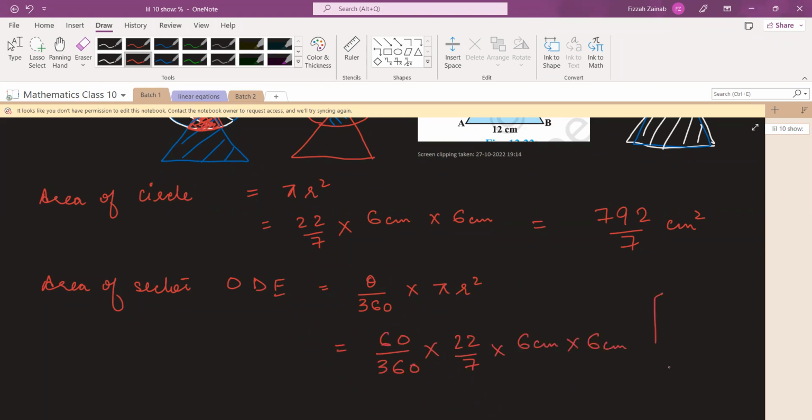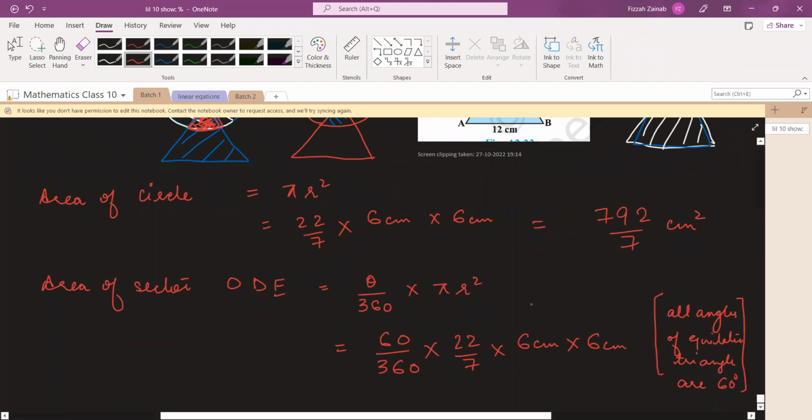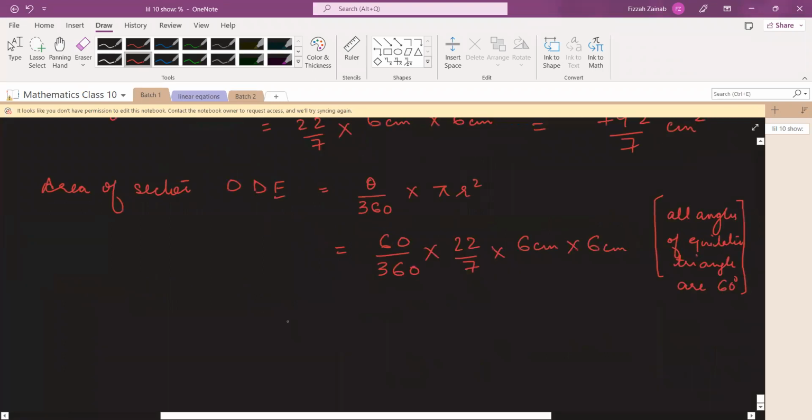In the bracket you can write, all angles of an equilateral triangle are 60 degree. This you all know from your previous classes, right?